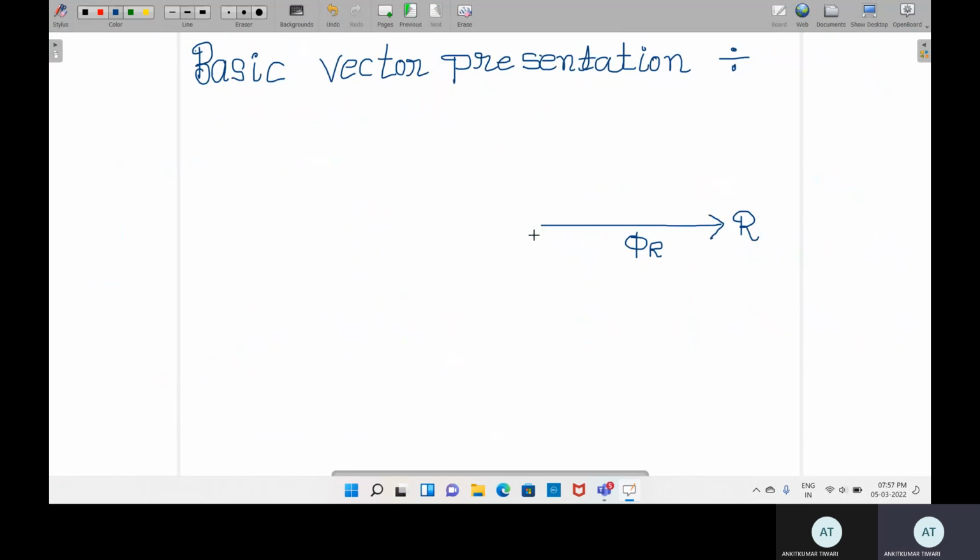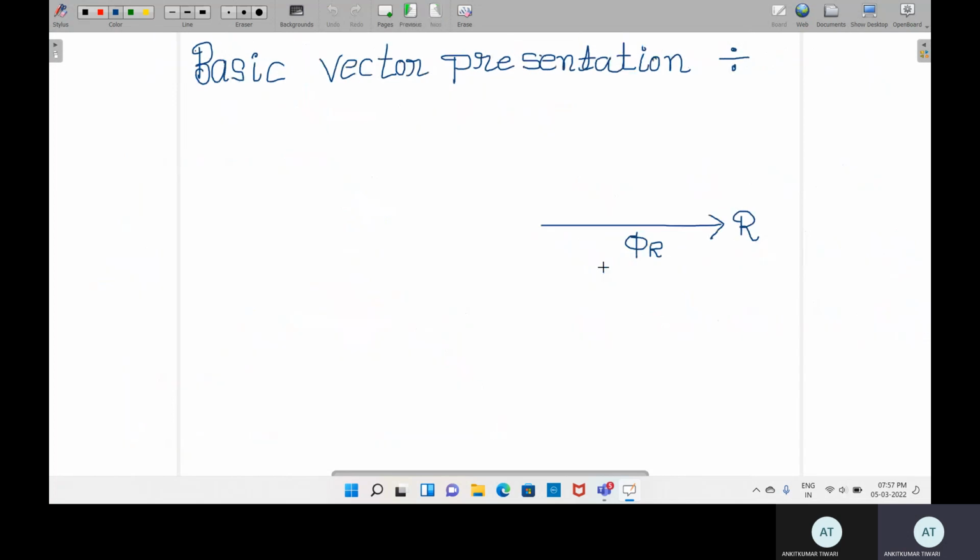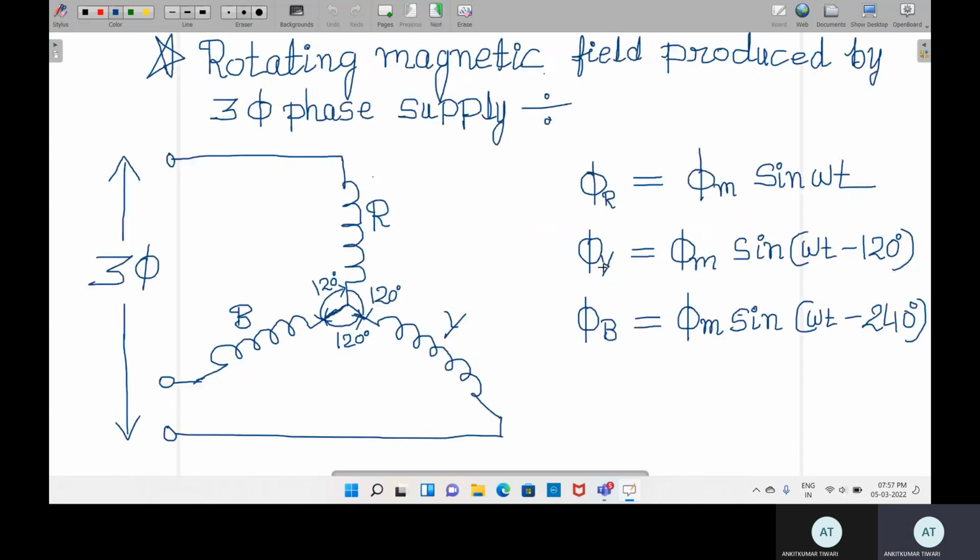Next, the Y coil will produce the flux phi Y. So phi Y flux will be at 120 degrees from the flux phi R. 120 degrees behind means lagging, so we will draw phi Y lagging phi R. Lagging means this is 90, this is 90, and this is about 120.